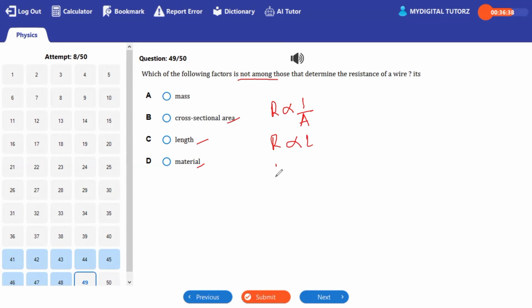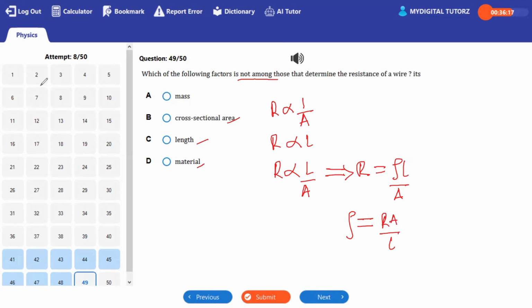When you combine this, we have R is proportional to L over A. From here, R is equal to rho L over A. This is our famous formula, where rho is known as resistivity, which is equal to RA over L.